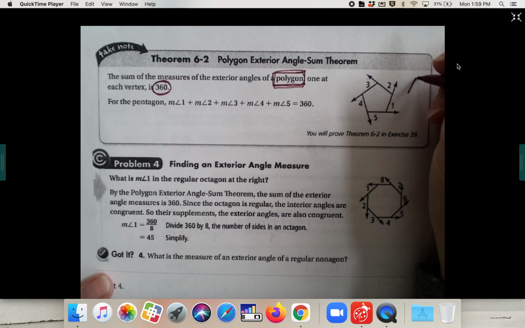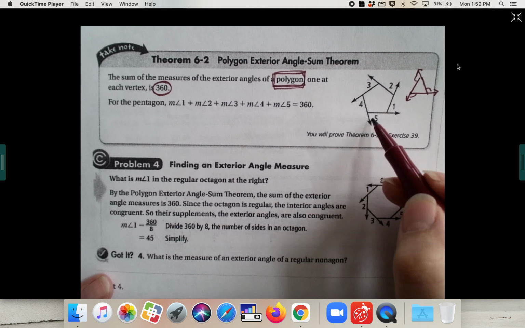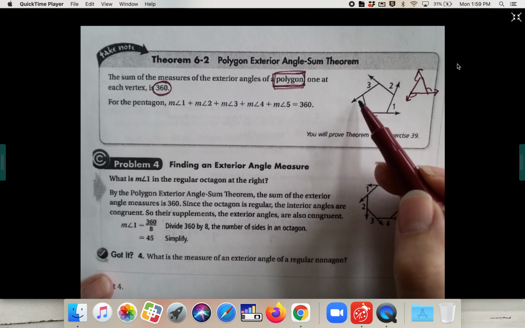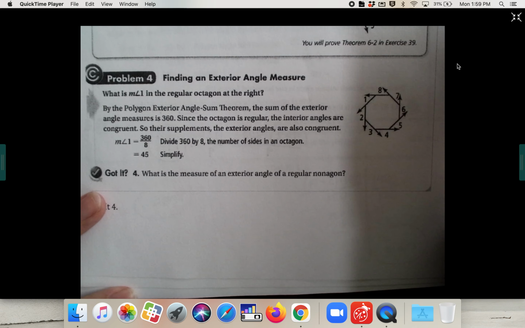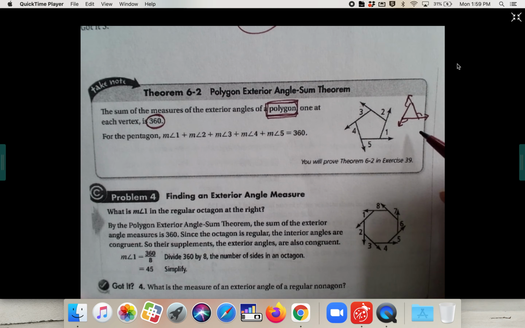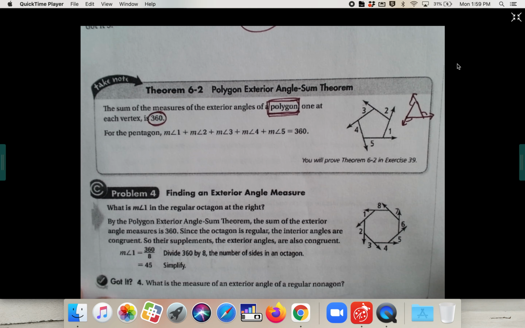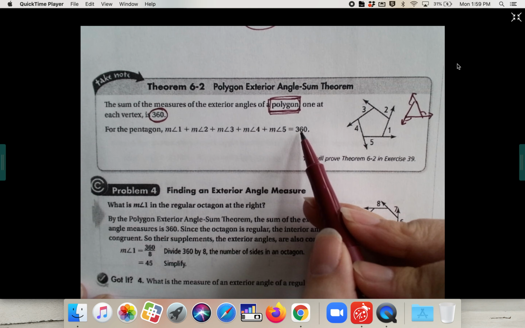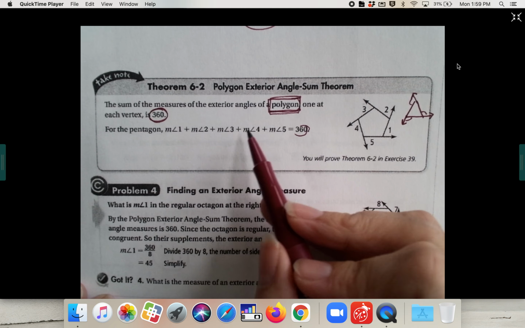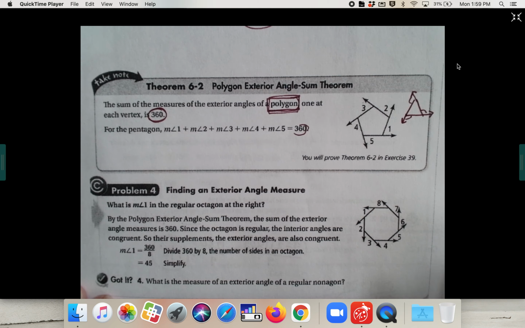So whether it's a triangle, a pentagon, or an octagon, they would all add up to 360 every time. I don't care what shape it is. So it's 360 divided by the number of sides, and that gives you each angle measure out here.